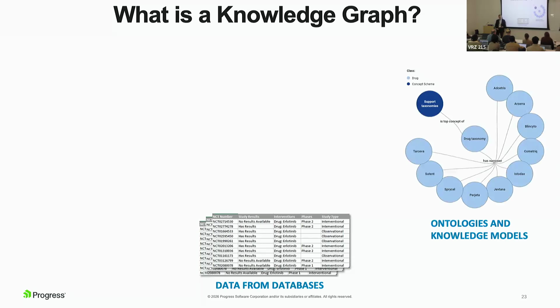You need to bring in some type of knowledge model, some type of ontology, to make those connections. But it's not always that simple, is it? If your data doesn't know anything about your ontology and your ontology doesn't know anything about your data, there's no connection.